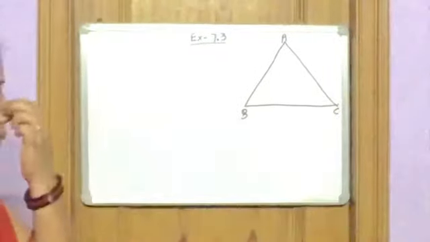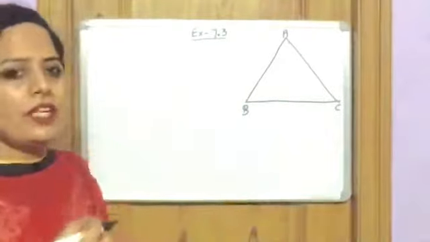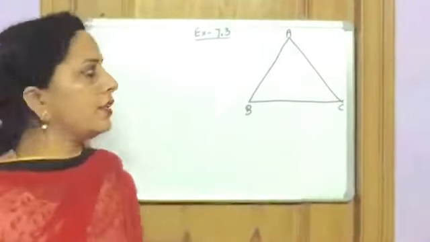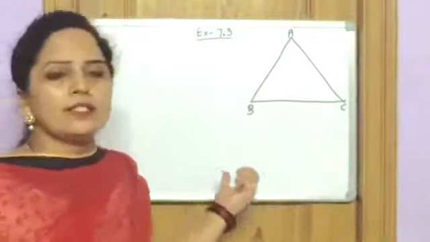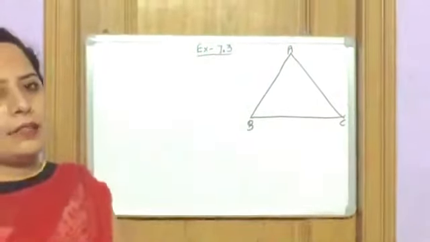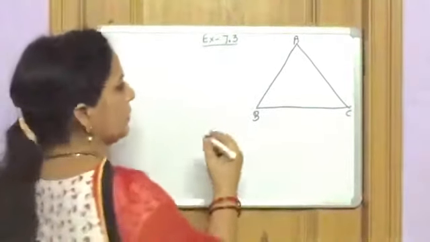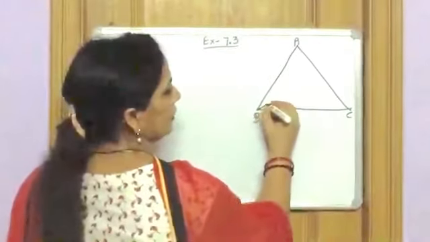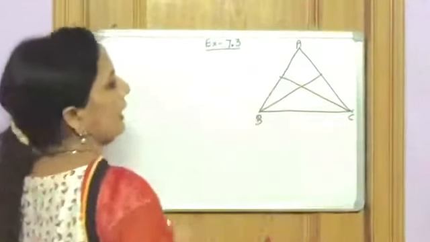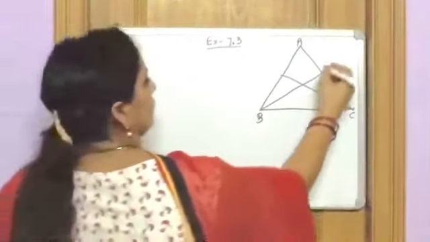You have to show that ABC is an isosceles triangle. But one extra condition is given in this question, that you have to follow the RHS rule. So in the statement you are given that from B and from C we have two altitudes BE and CF.